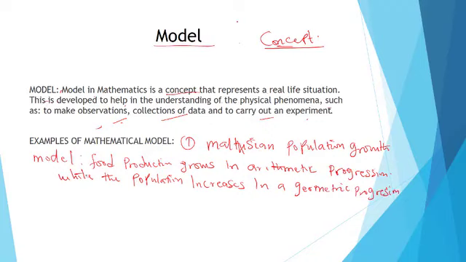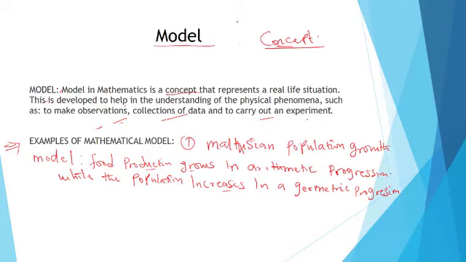So this is a model that was created to ascertain the relationship between food consumption and population. Malthus did justice to this by creating this model to dictate the relationship between the increase in food and the increase in the human population.